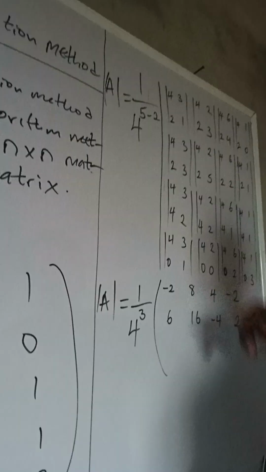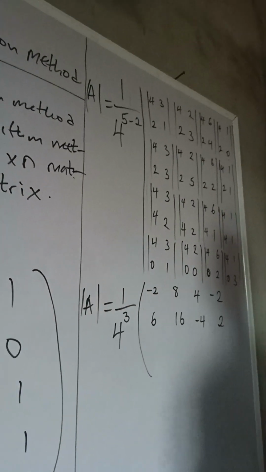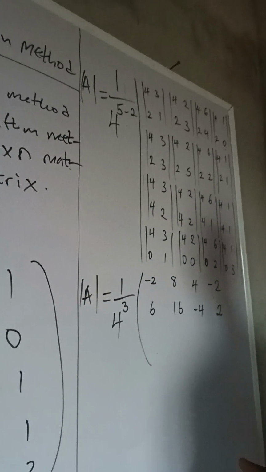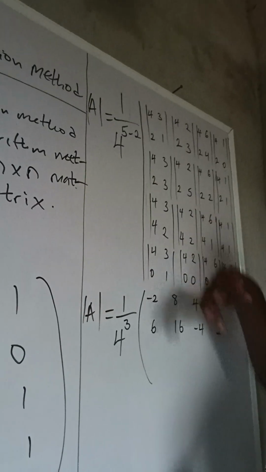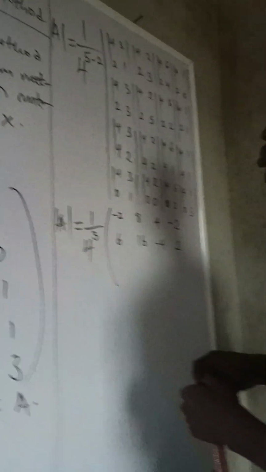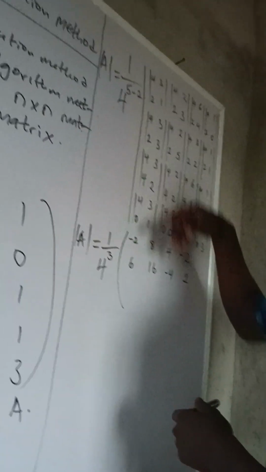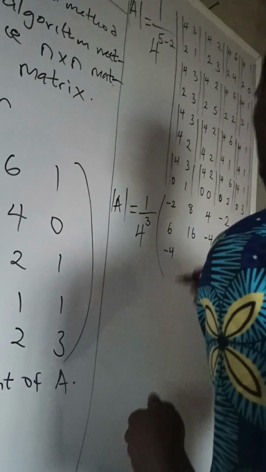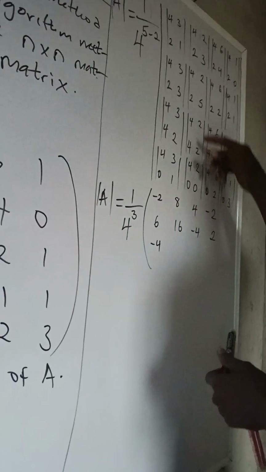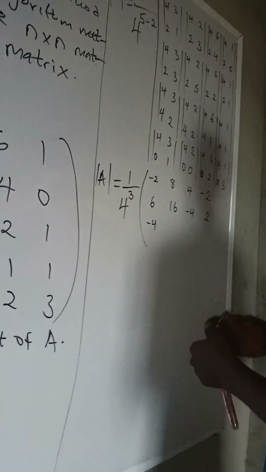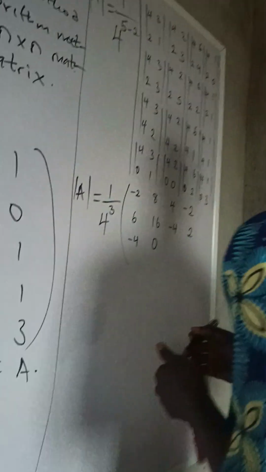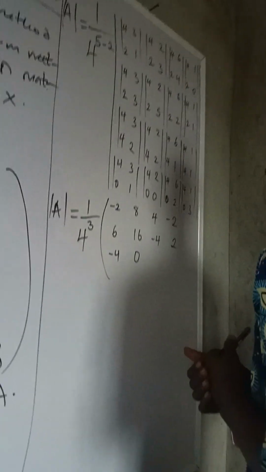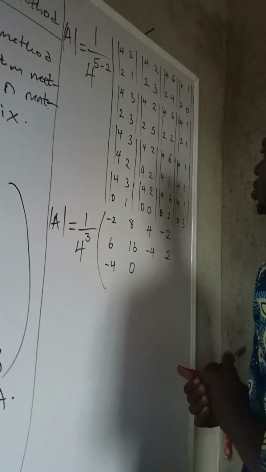Then we have 4 times 2. That's going to give us 8 minus 3 times 4. We have 8 minus 12, and that's minus 4. We have 4 times 2, which is 8, minus 8 is 0. And we have 4 times 1, which is 4, minus 6 times 4, which is 24.